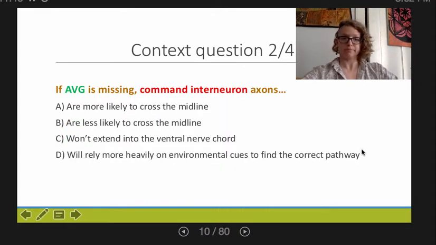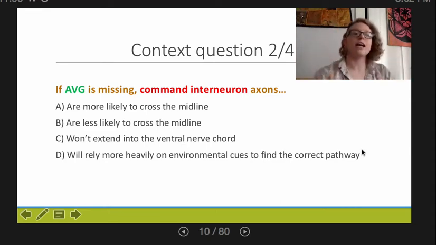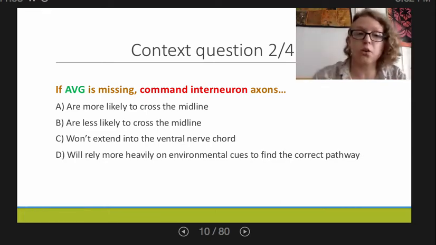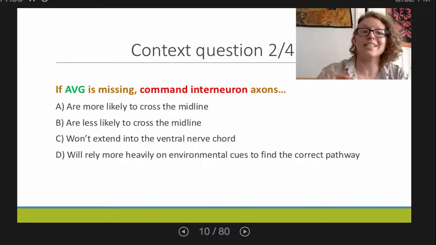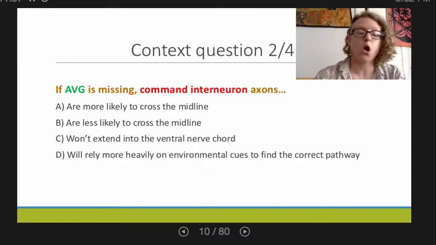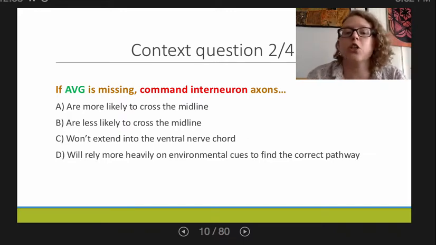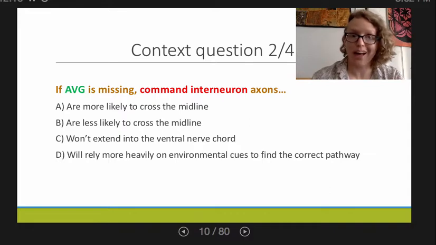Next question. If AVG is missing, command interneuron axons A are more likely to cross the midline, B are less likely to cross the midline, C won't extend into the ventral nerve cord at all, or D will rely more heavily on environmental cues to find the correct path. Give it a pause. Come back. Welcome back.